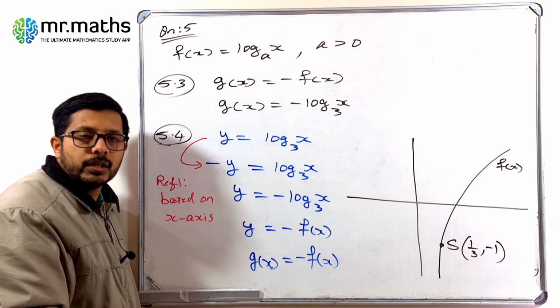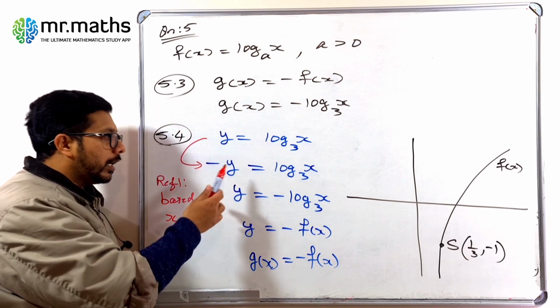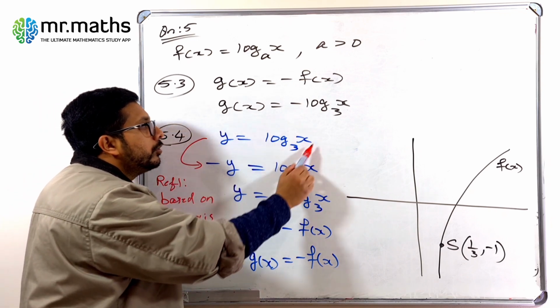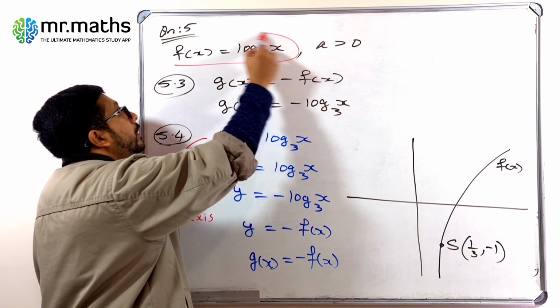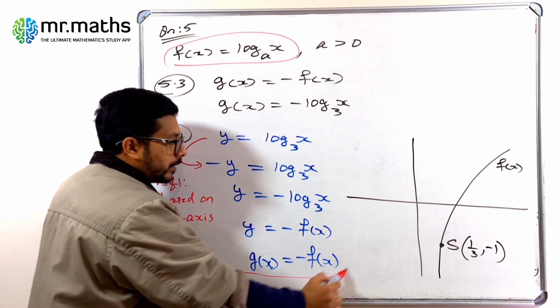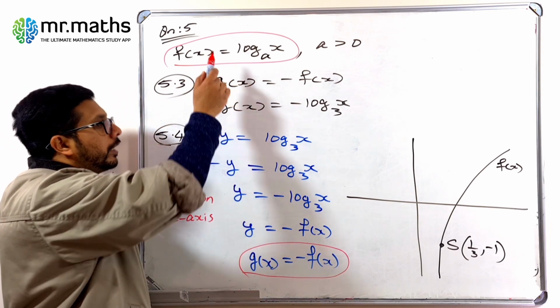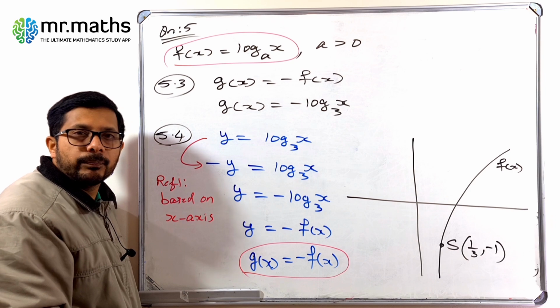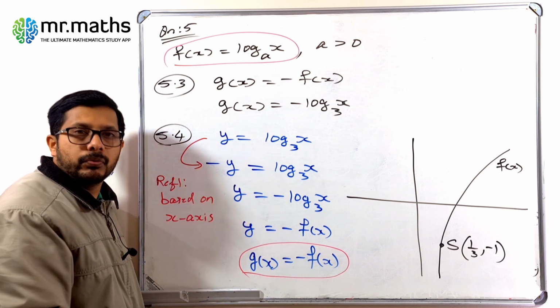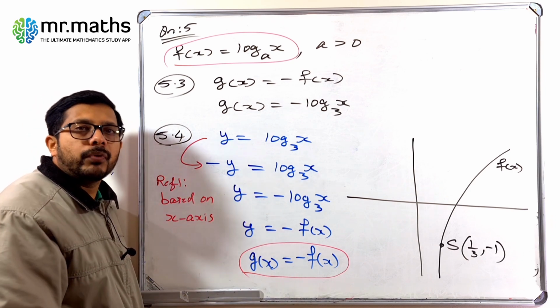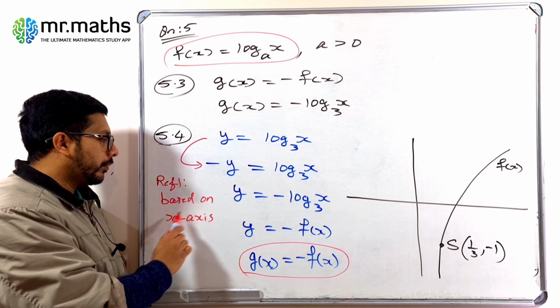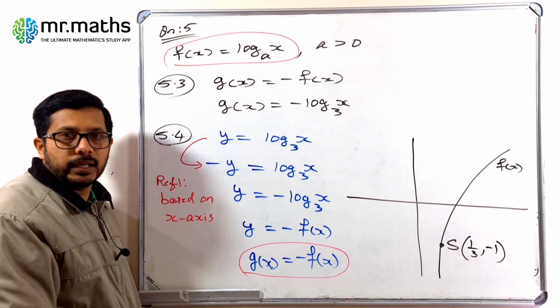Am I right? So in effect, what did we do to the original graph f of x to get an equation like this? We changed the sign of y. Change the sign of y means a reflection based on the x axis.